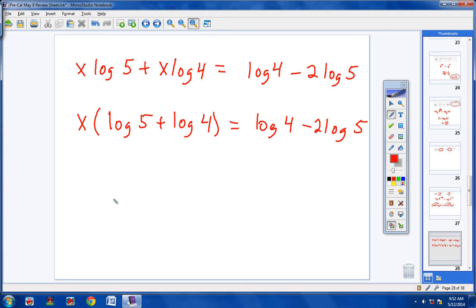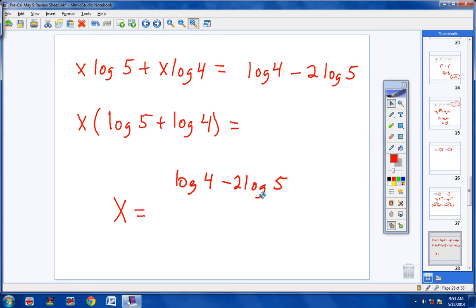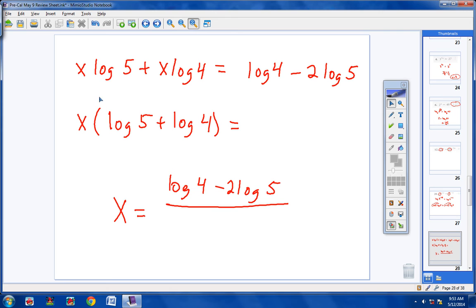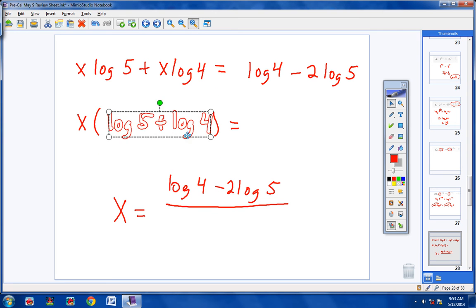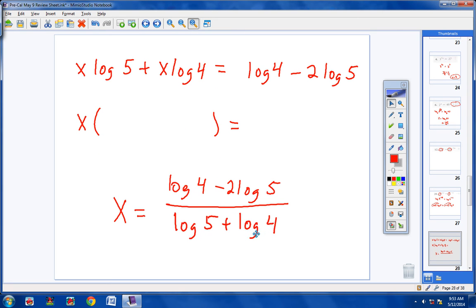So here's what you would have. Ready? You would have x equals this expression here divided by this expression right here. And now really my opinion is I think you should practice typing this into your calculator.